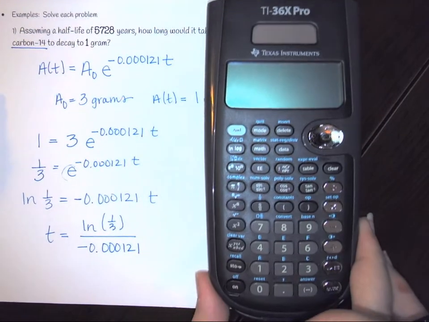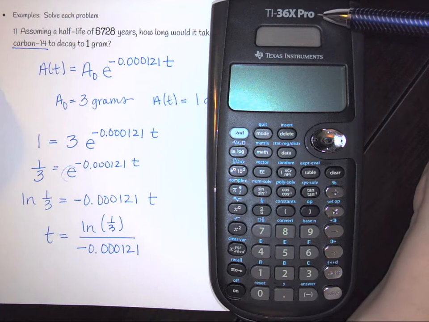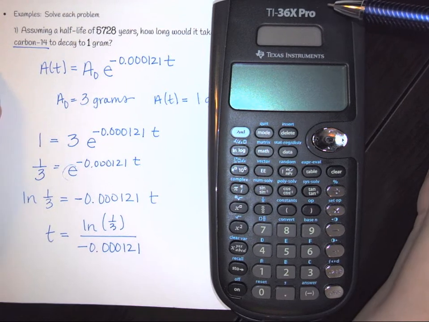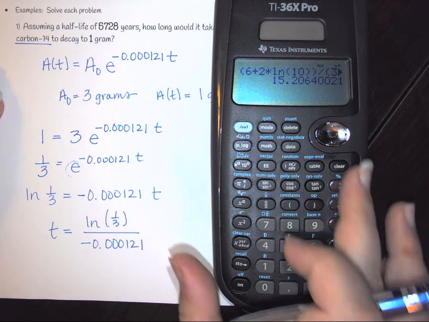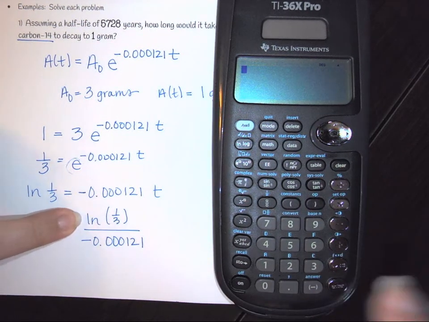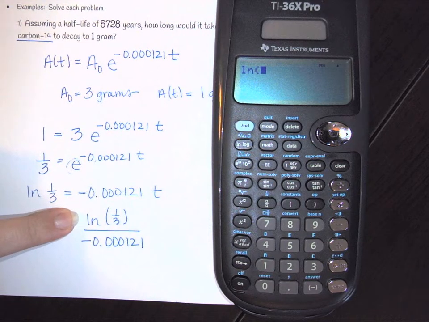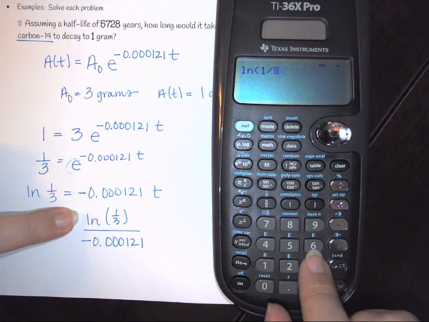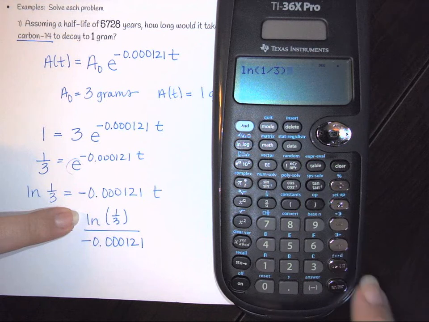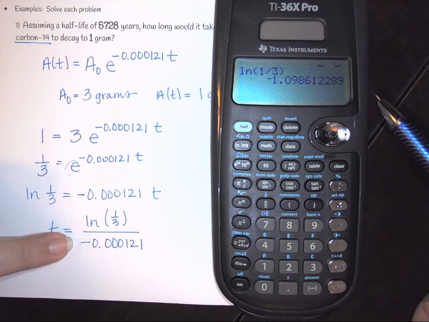So here's our trusty calculator. Now remember, this is mine. It's that TI-36X Pro. So your calculator may be slightly different from the one that I'm using. And so here, I would start with the top. I'm going to hit my natural log button. I'm going to then type my 1 divided by 3, close it, and hit enter. And then I need to divide this number by the bottom.